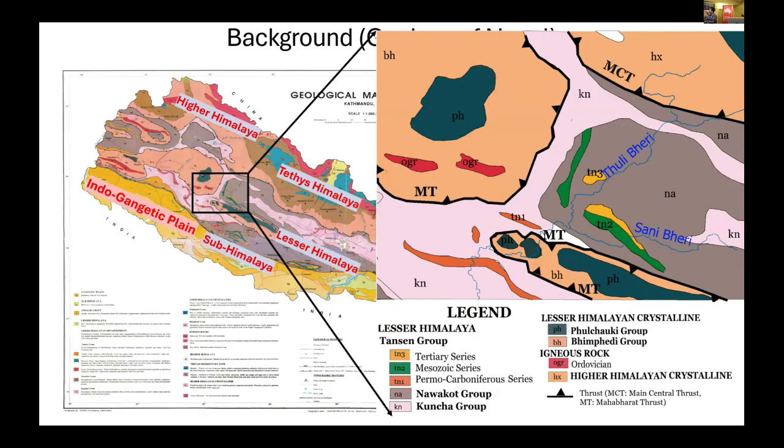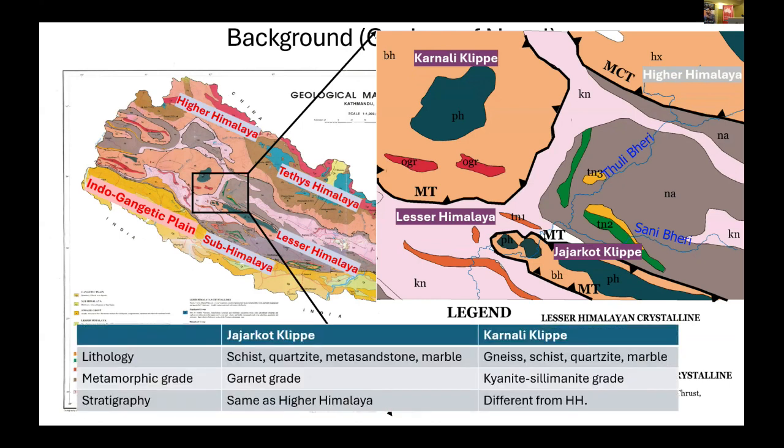This is the geology cropped in the western part, where there are two different thrust sheets, Karnali Klippe and Jajarkot Klippe. They are separated by an aerial distance of about 15 kilometers, but they have different lithology, metamorphic and stratigraphic characteristics, which is quite interesting.